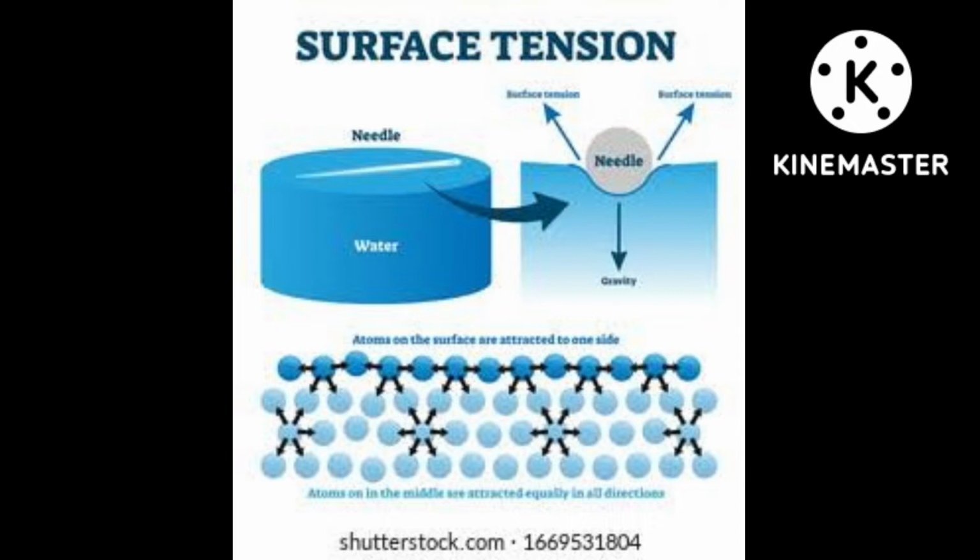Therefore, liquids can flow and can be poured and can assume the shape of the container in which these are stored. Okay, these are the simple things of the liquid. Already I have discussed earlier also.